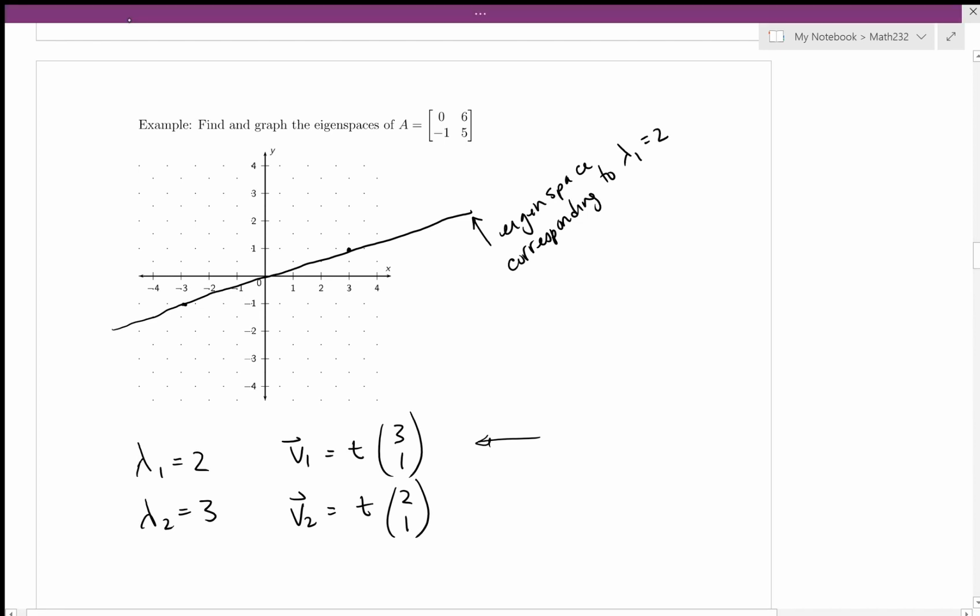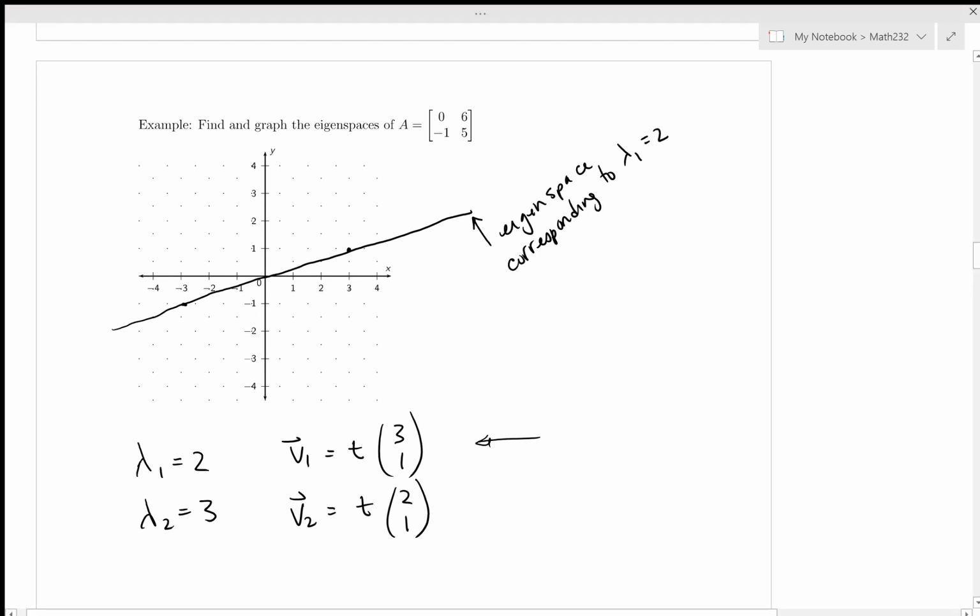Then I'm going to do exactly the same thing with the other eigenvalue. And so now I'm looking at this one here, and I'm thinking, okay, let me just take t is equal to 1 so I can get a point. So that's going to be 2, 1. So it's going to be right here. And I'm just going to get myself another point. And I know that 0, 0 is also a point on this line, but let me just get another one down here so I stand a better chance of drawing a straight line.